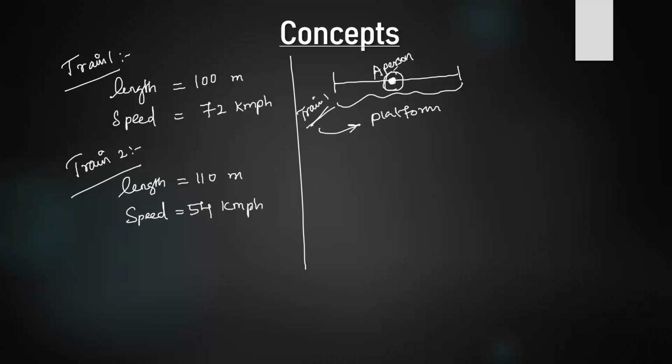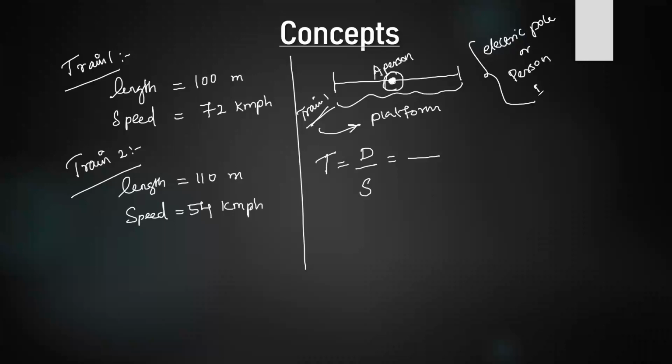The question is how long will train one take to cross a person standing in the platform? Train one coming to the platform. So how long will it take to cross a person standing in the platform?